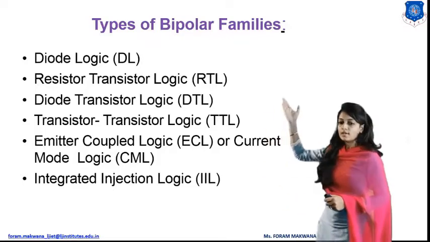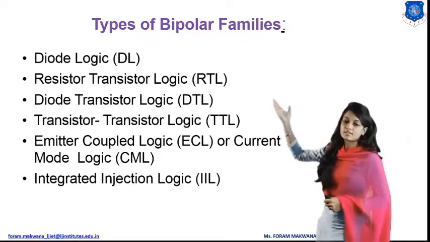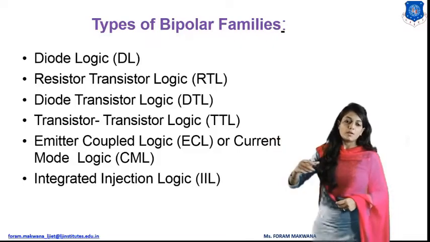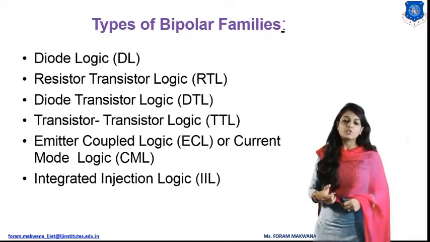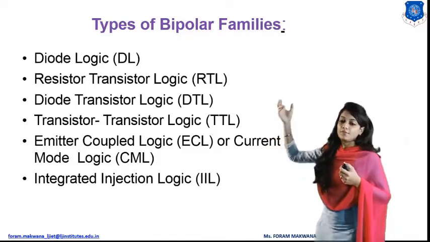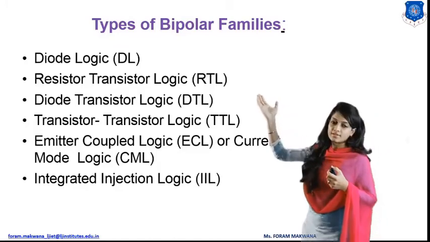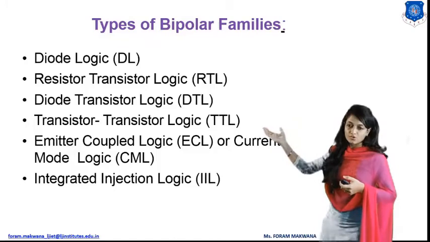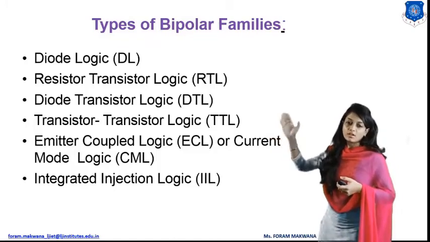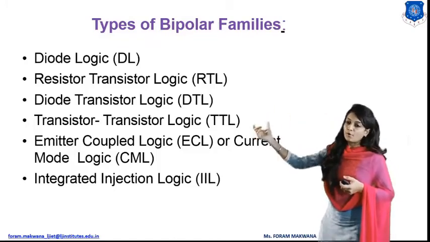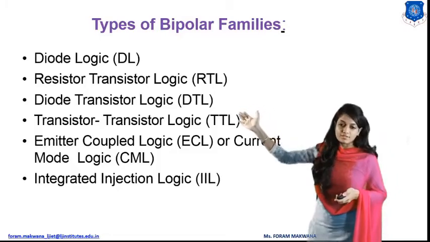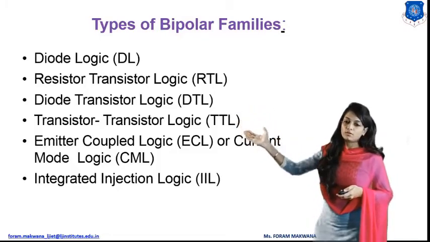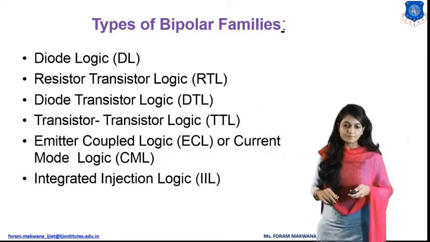Now, second is resistor transistor logic, in which my IC contains a combination of resistor and transistor, right? Third, diode transistor logic, in which the IC is made up of diode and transistor. Fourth, transistor transistor logic.